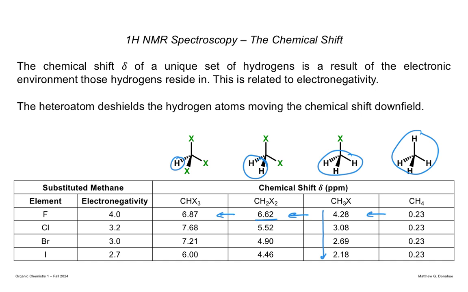So that's looking at the effect only on one carbon. How does that influence the hydrogen shifts? What about when we have a chain of carbons? How does the heteroatom affect hydrogens at the next position, 2 or 3 or 4?